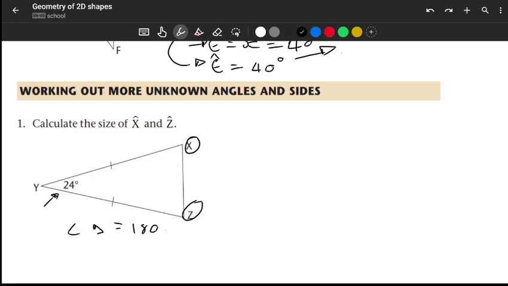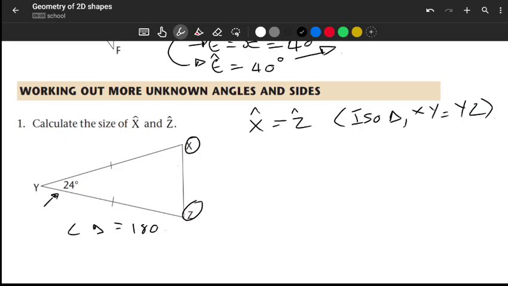Then we can say that angle x, no, let me write the other one. Angle x is equal to angle z, and that is because isosceles triangle, right? You could also say that xy is equal to yz, just as proof, right?